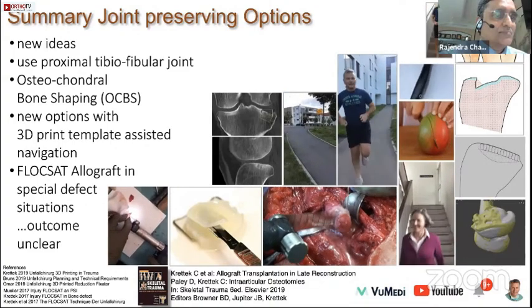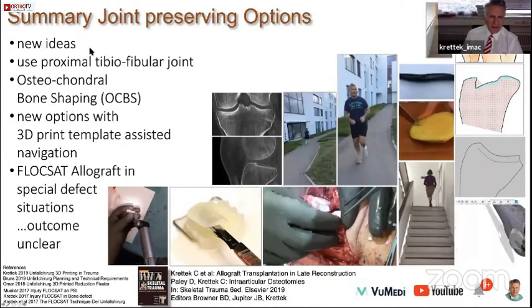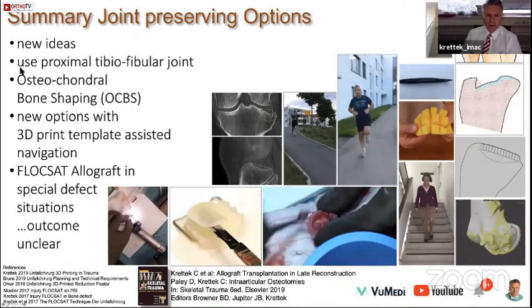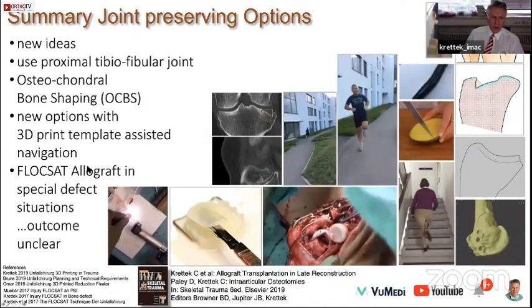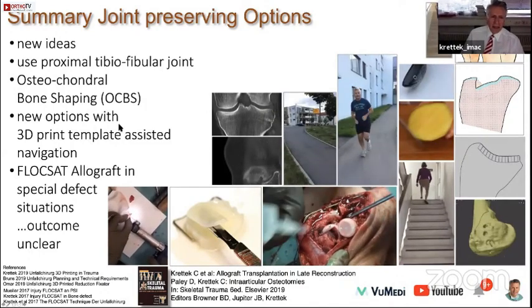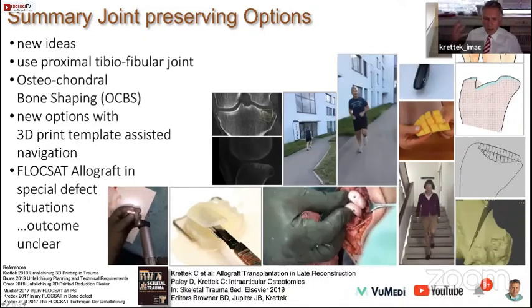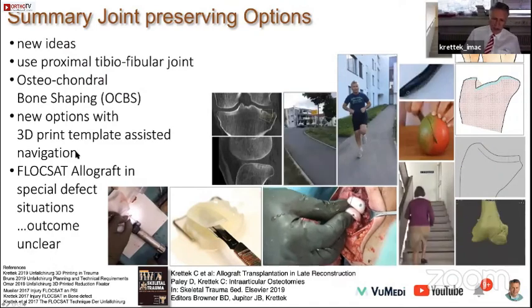And there are some new ideas for addressing these big problems. For example, using the proximal tibiofibular articular surface and doing some osteochondral bone shaping. There are new options on the horizon with 3D printed templates and template-assisted navigation during osteotomy.